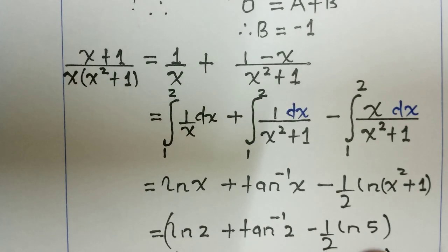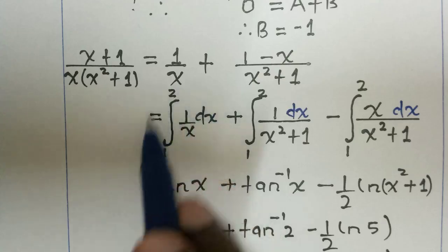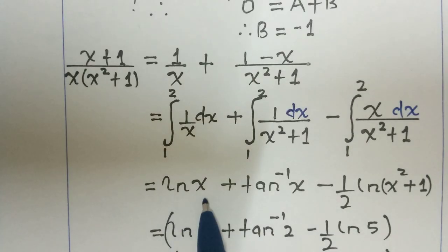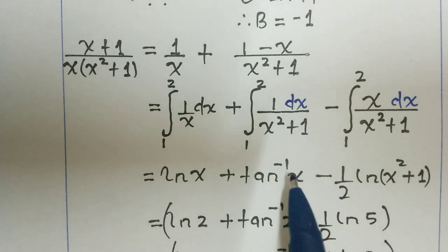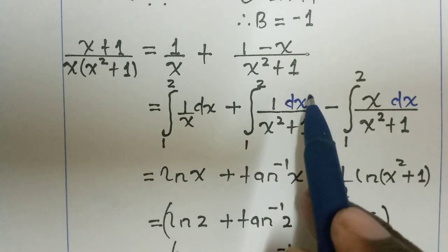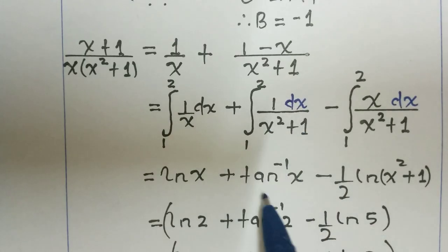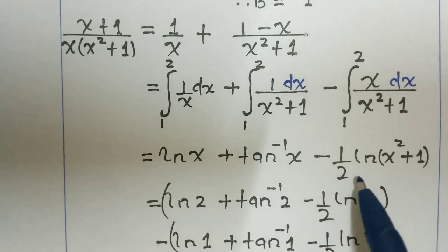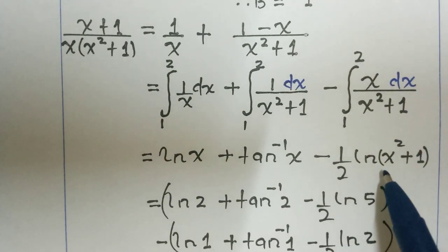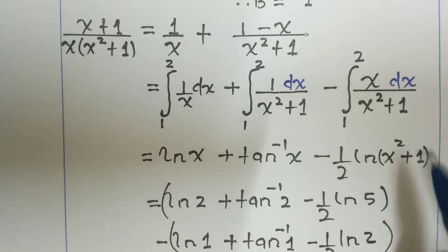So here we now integrate that. You get ln x, the natural logarithm of x. This one is tan inverse x if you check your table. And then we have this one, which is the natural log of x squared plus 1.